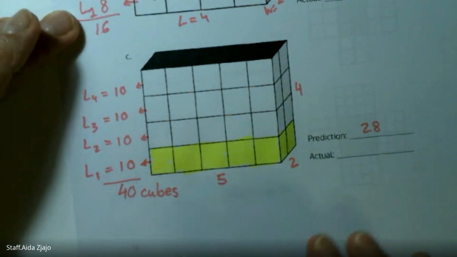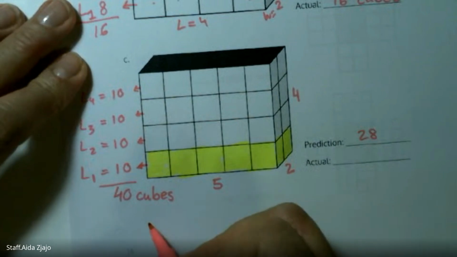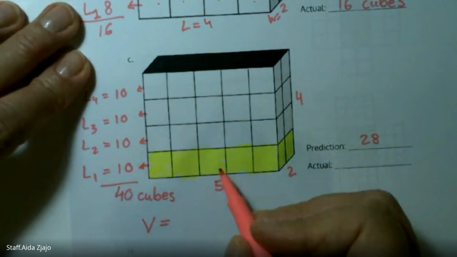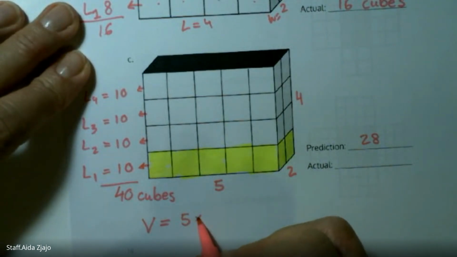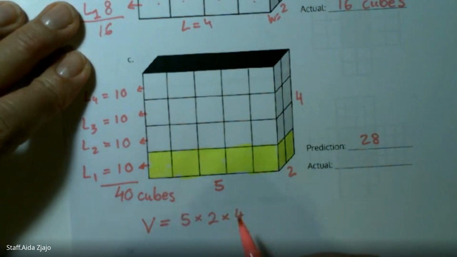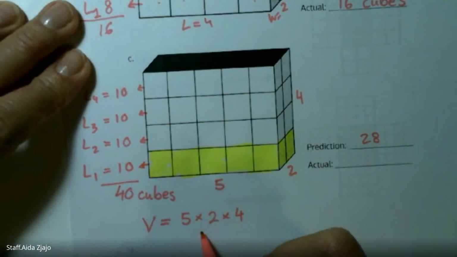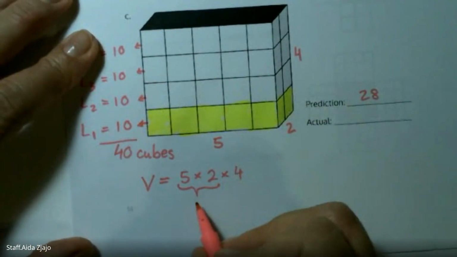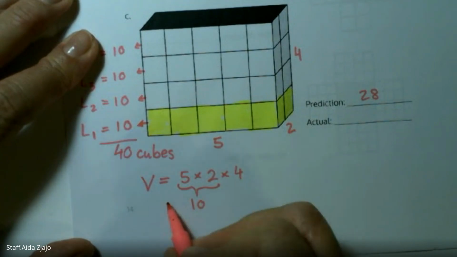If we use the formula, then we can say, okay, the volume of this prism, this is a regular prism, is 5 units times 2 units times 4 units. So 5 times 2 is really the base, and that is 10.